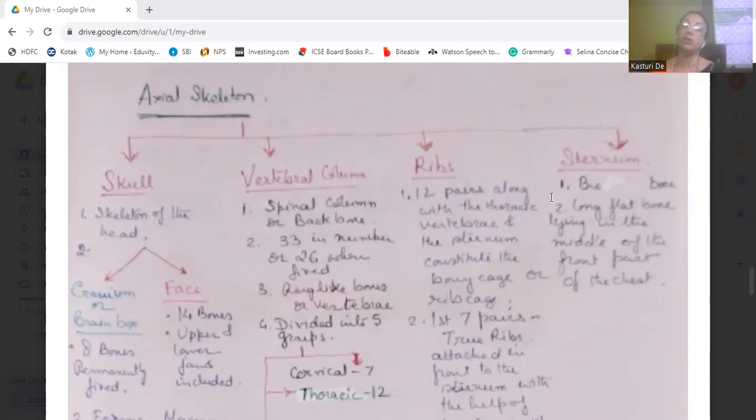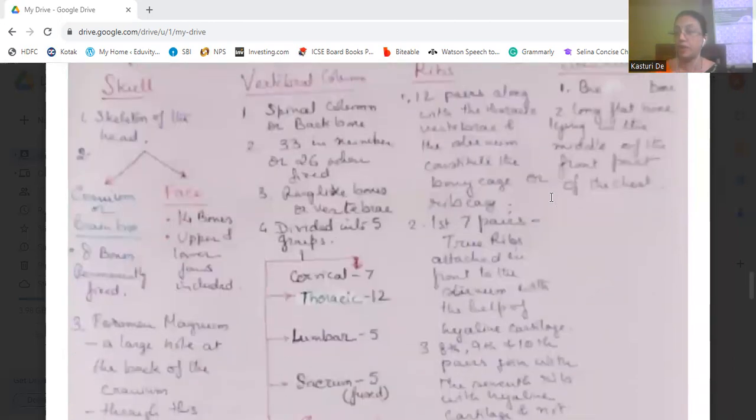Now, the first 7 pairs, out of the 12 pairs I told you, are the true ribs, because they come from the thoracic vertebra at the back and are totally attached to the breastbone, or sternum, with the help of hyaline cartilage. Up to 7, they are true ribs. But the 8th, 9th, and 10th pairs are not true ribs.